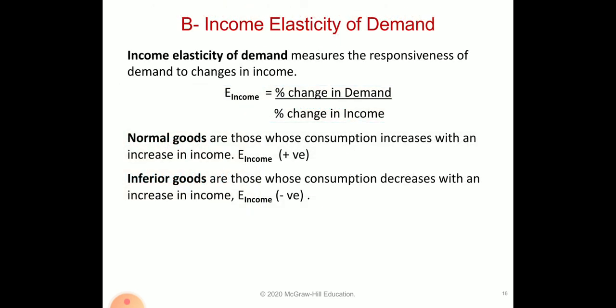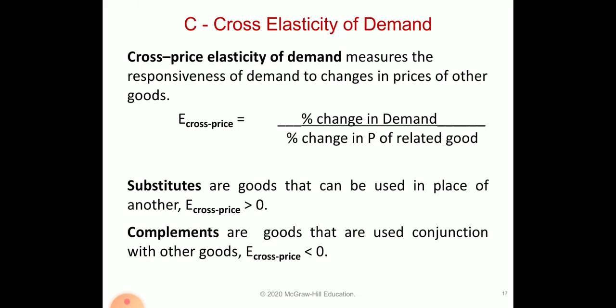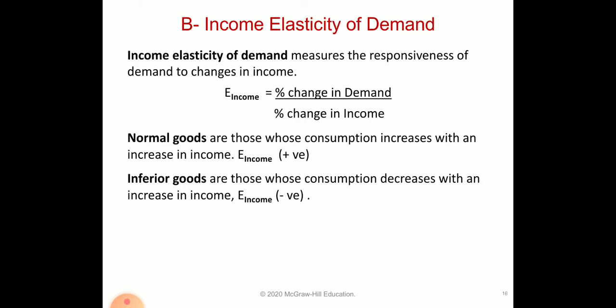Let's have this one. Income elasticity of demand. If I have income elasticity of demand, it measures the responsiveness of demand to changes in income. The good news is that we have the same rule. So elasticity of income equals the percentage change in demand over the percentage change in income.